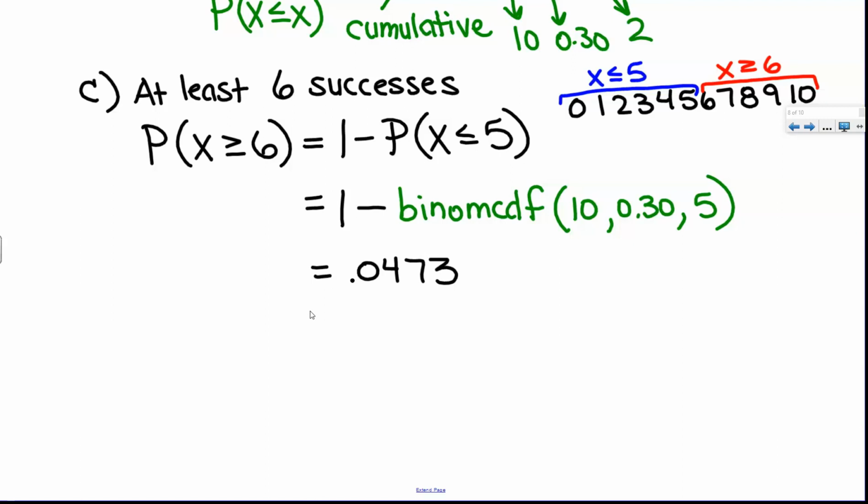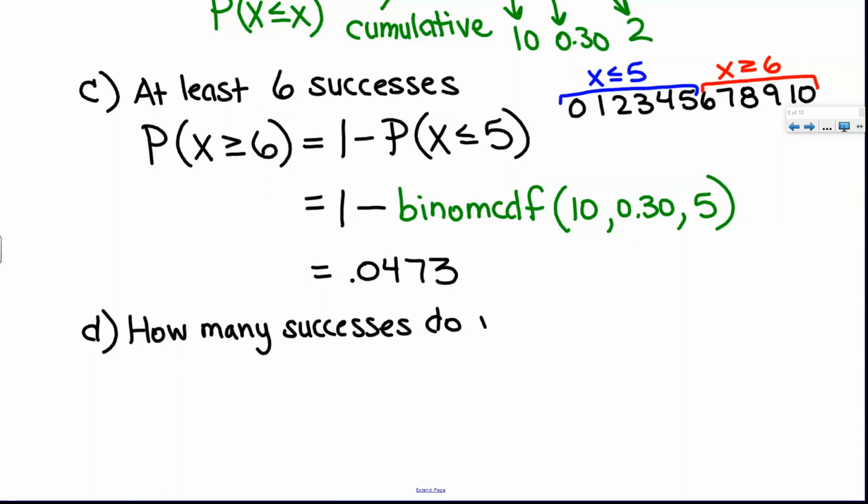One other thing we could ask on this one, not having to do with probability, is: how many successes do we expect in 10 trials? If we want to start to look at whether my experiment was unusual or not, first we would ask how many successes we expected to get in those 10 trials. So how would we find that?